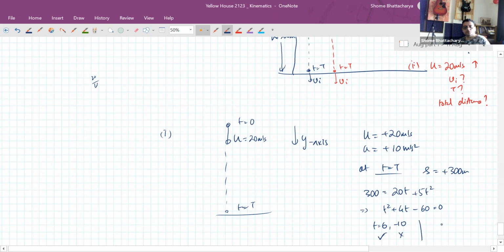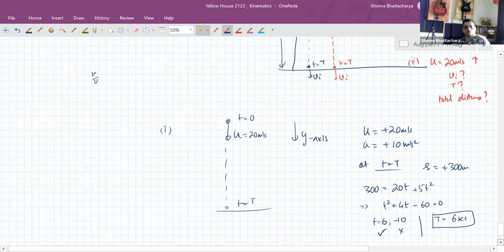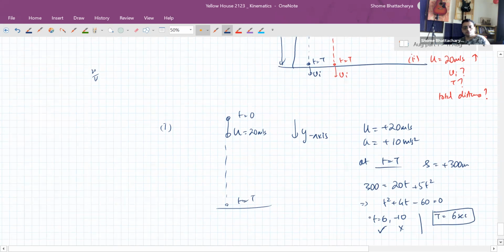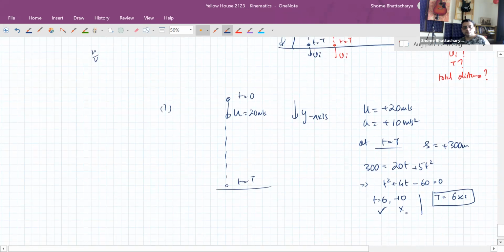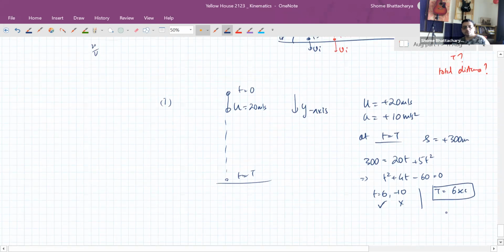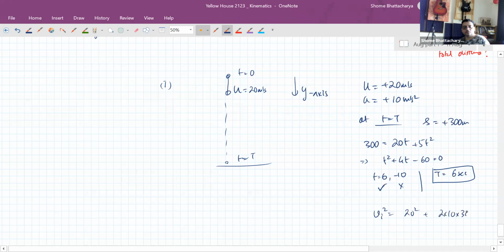Negative time cannot be possible. So the time of hitting the ground is 6 seconds. And you use v square is equal to u square plus 2a into s. So from this you will see that the impact speed will come out to be 80 meters per second.